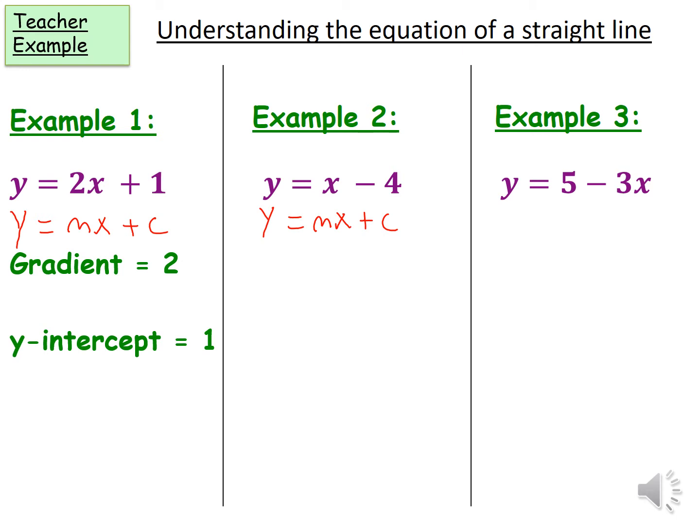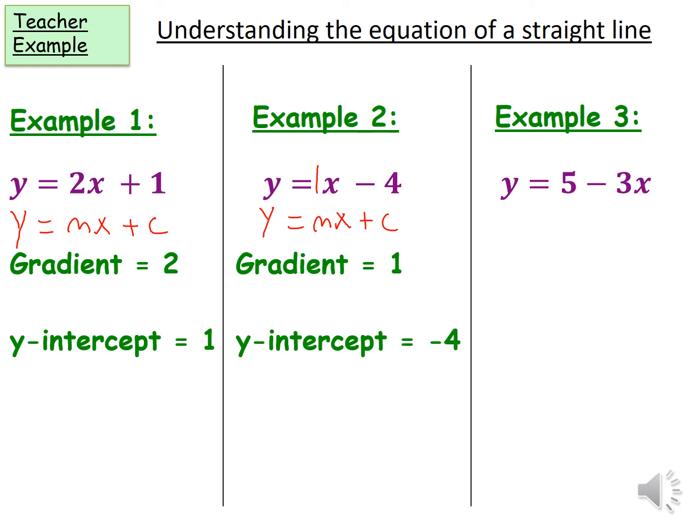But how many x coordinates are there here? There's only 1. Okay, so my gradient is therefore plus 1. My y-intercept here is not a positive number. Look at the sign in front of it, it is a negative, so my answer for the y-intercept is -4.